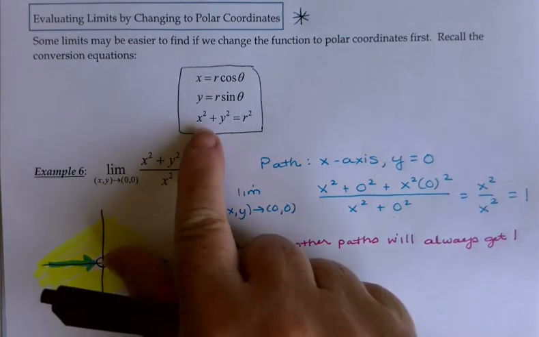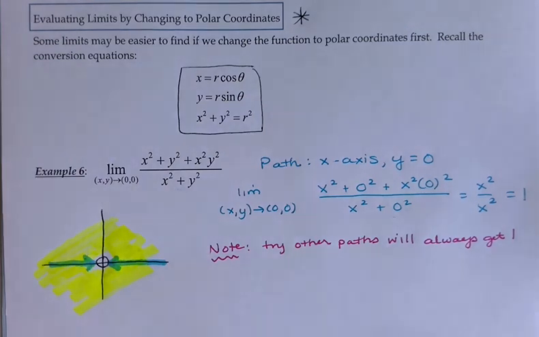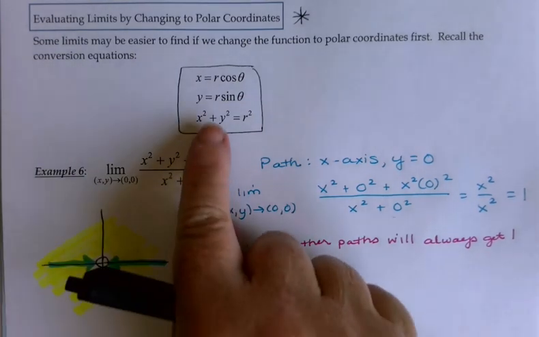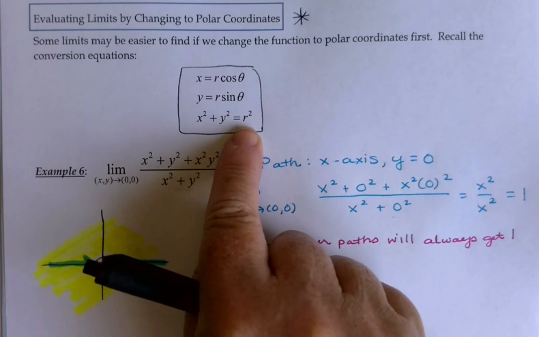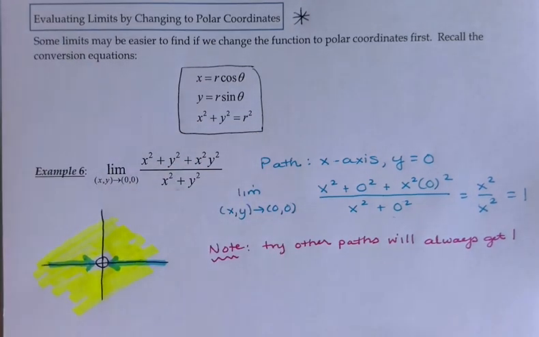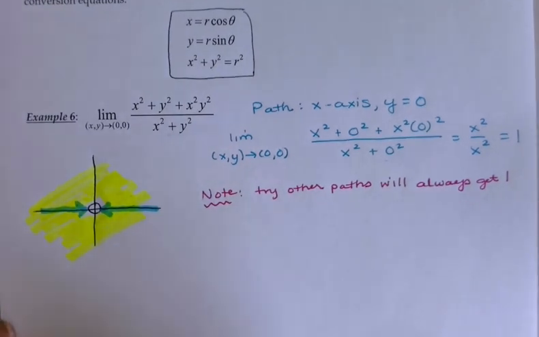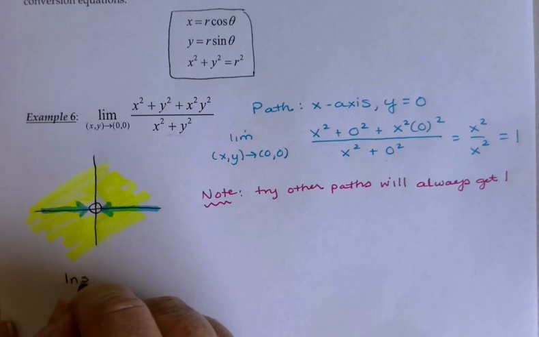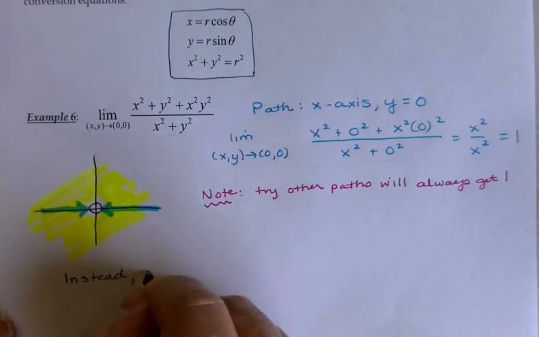Typically, this is most helpful when you have a lot of x squared plus y squared terms running around, because x squared plus y squared simplifies so nicely to r squared. These are just your typical rectangular to polar conversion formulas. I'm sure you've seen them before in Calc 2. It's just a reminder of them. And I'm going to go ahead and say, let's use those to convert to polar coordinates.